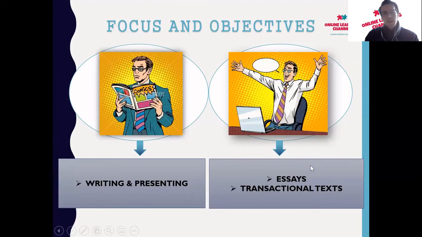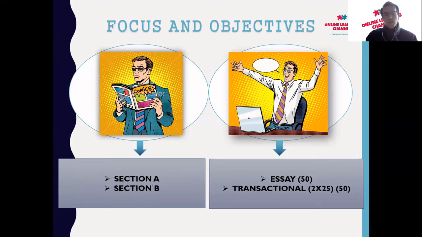All right, so like I said earlier, this refers to the aspect of English that is known as writing and presenting, and typically we are looking at essays together with transactional texts. So now when it comes to the actual English home language paper, it's Paper 3 rather.